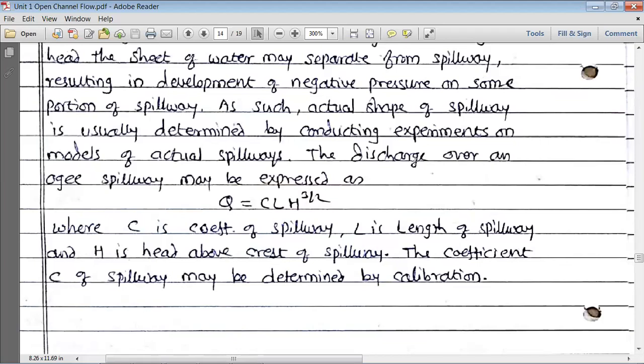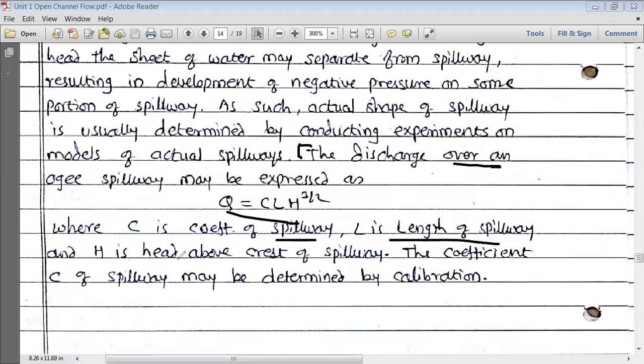Discharge over an Ogee spillway may be expressed as Q is equal to C into L into H raised to 3/2, where C is the coefficient of spillway, L is the length of spillway, and H is the head over the crest of the spillway.